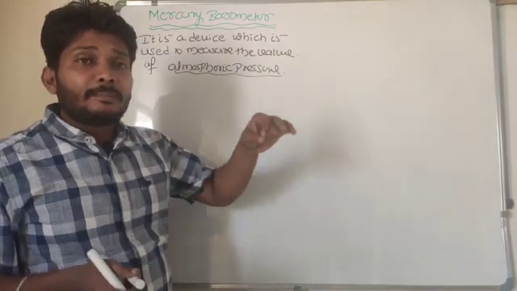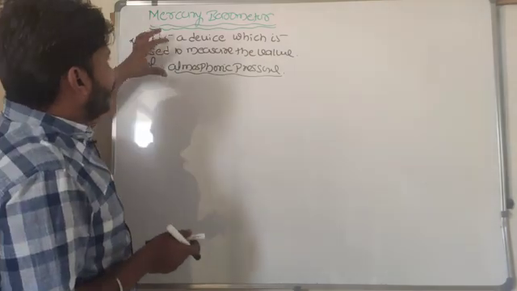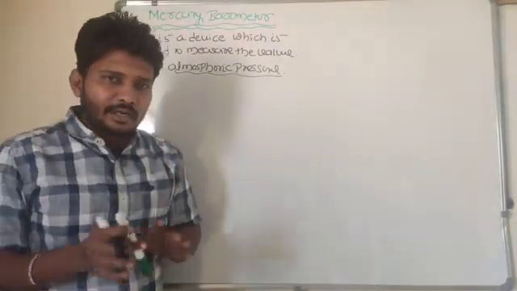This atmospheric pressure presses the body on the surface of the earth. So in order to measure the value of atmospheric pressure, we will use a mercury barometer.